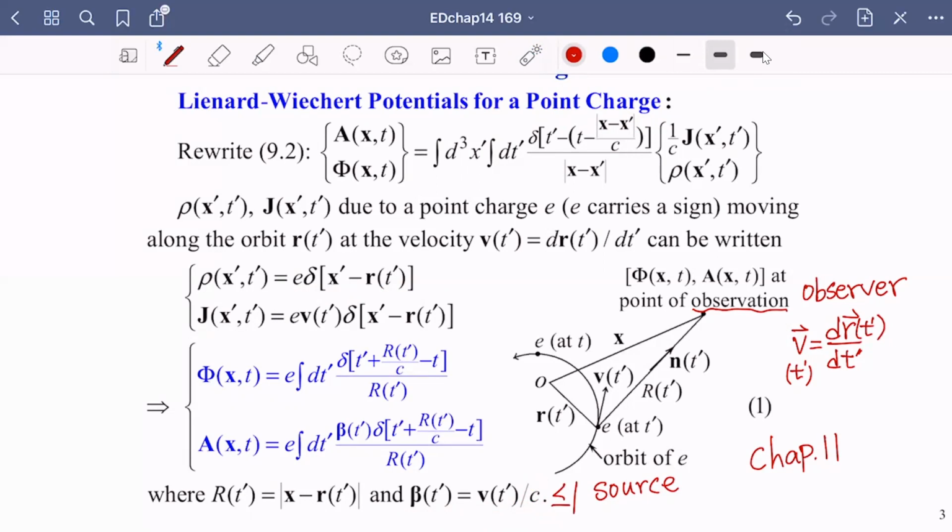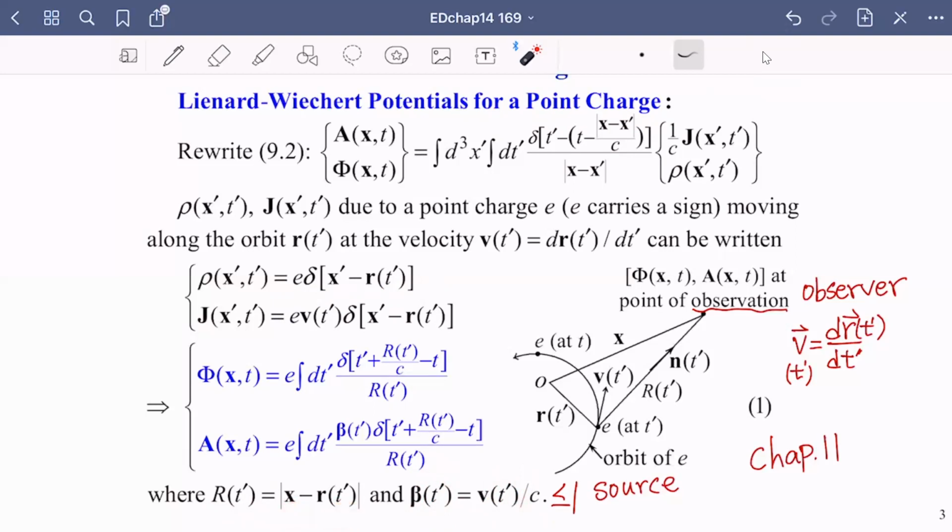Beta is similar, but evaluated at source time. Here is the difference: it becomes the observer and source positions.